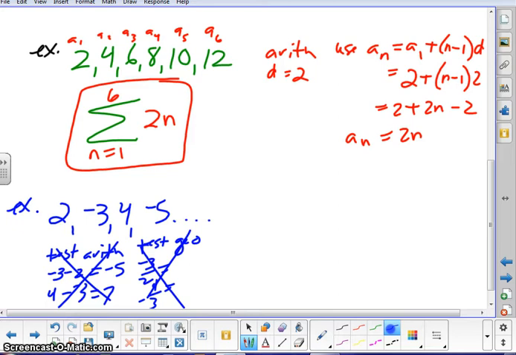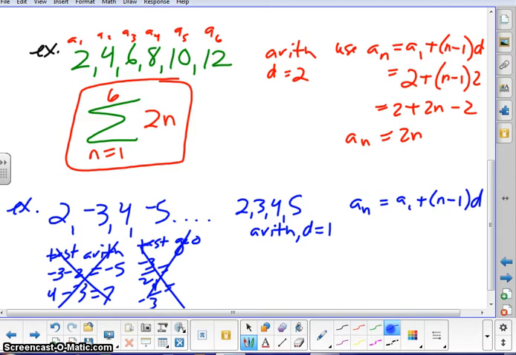So what can you see? Well, if you notice, there's a 2, 3, 4, 5, which is arithmetic, with a common difference of 1. So we at least can find what that's all about. A sub n equals a sub 1 plus n minus 1 times d. First term is 2, and then it goes up by 1.